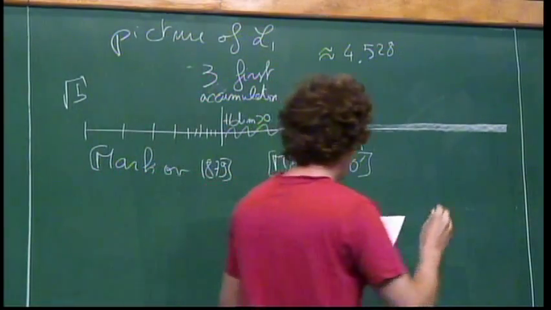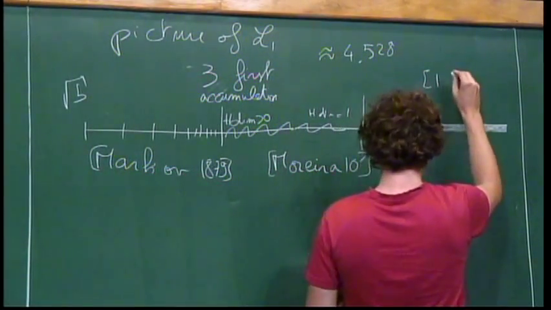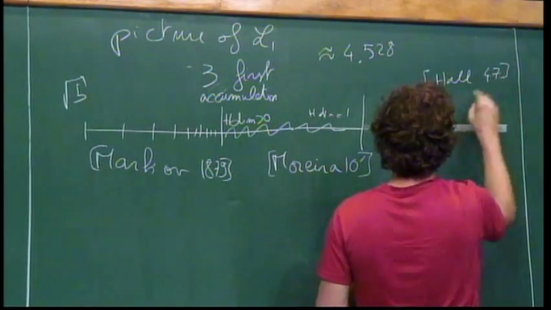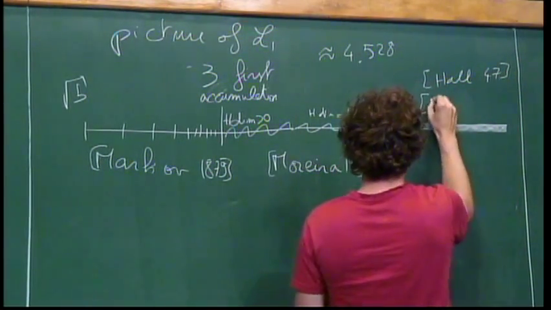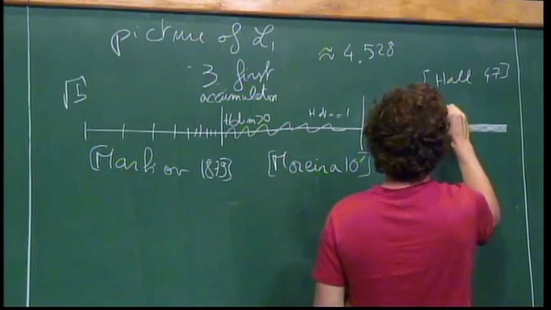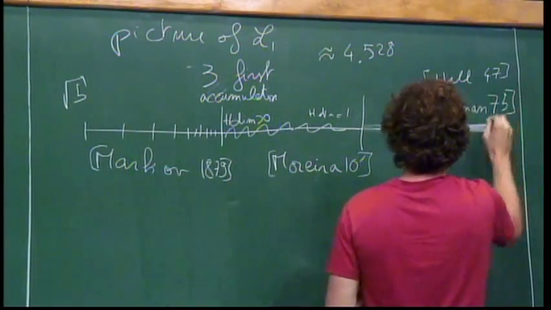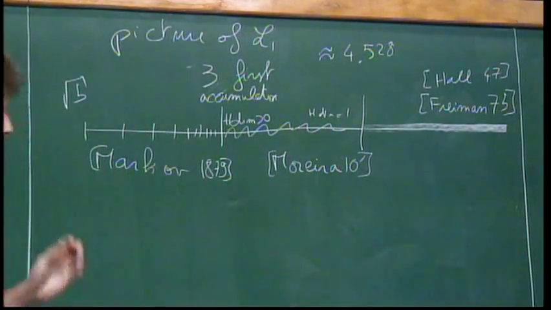And the half-line was proved in the 70s by Hall, who proved that there exists a half-line, and the crazy value here was given by Freiman. OK, this is what we know.